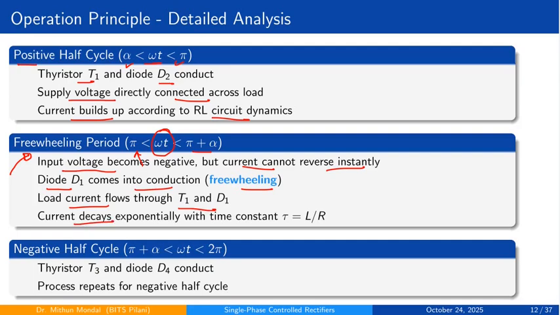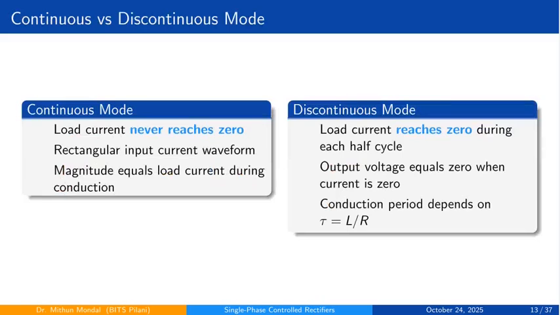The current now decays exponentially with a time constant given by L by R, because it is an RL network. In the negative half cycle, which is omega t from pi plus alpha to 2 pi, the thyristor T3 and diode D4 will conduct. The process repeats for the negative half cycle and completes one full cycle.